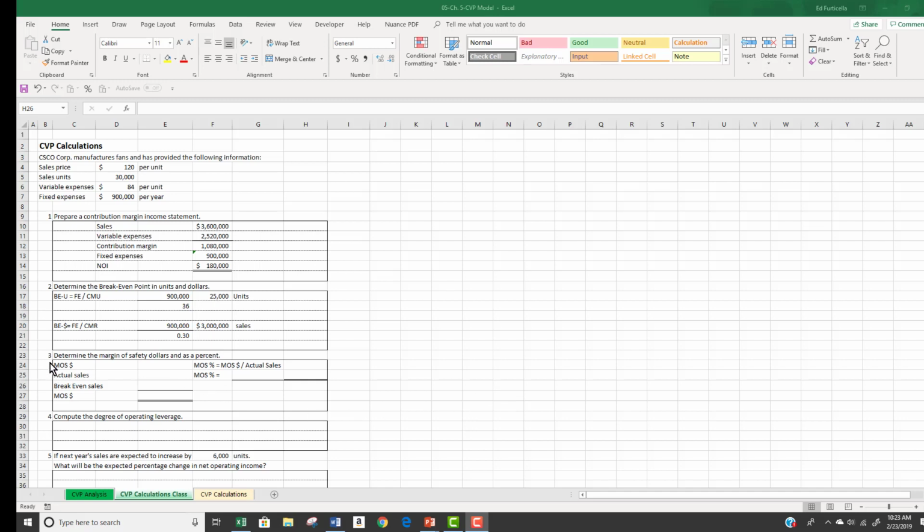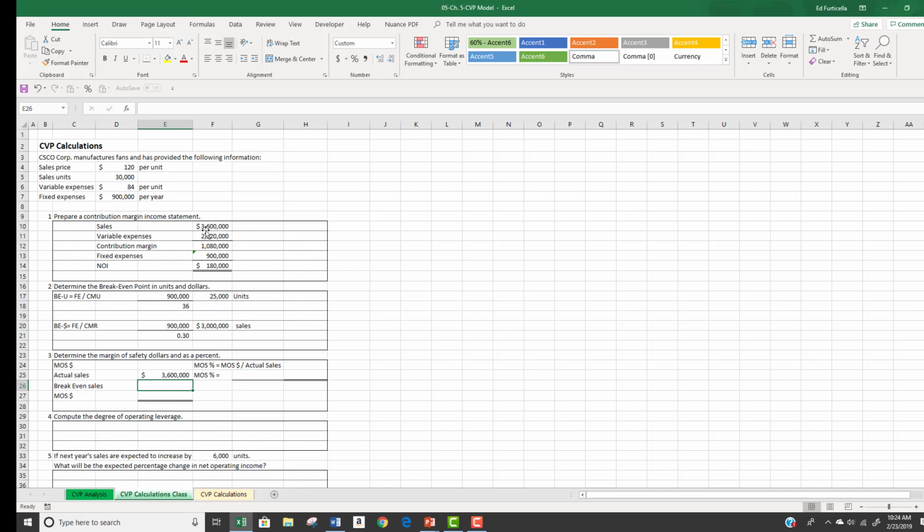Okay, so let's move this along. We're at number 3. We want to figure out the margin of safety in dollars and as a percent. So again, the margin of safety is going to be the actual sales that we have minus the break-even sales, and that gives our margin of safety. So in this problem, our actual sales were $3,600,000.